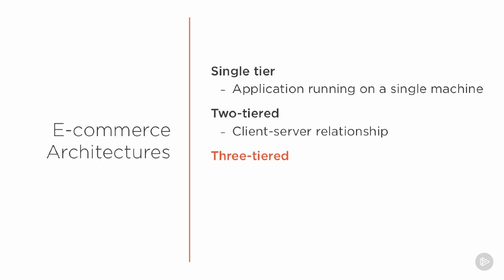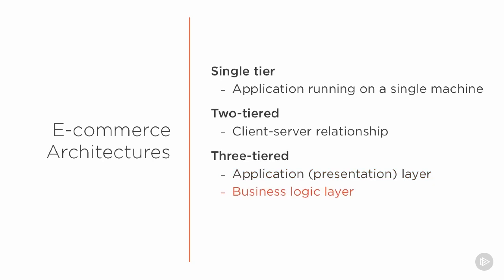We then have also the idea of a three-tiered architecture. With a three-tiered architecture, we have the application that supports the client, and that's what we often call the presentation layer. Because the purpose of the presentation layer is to create a nice looking, aesthetically pleasing, easy to use interface for the user.